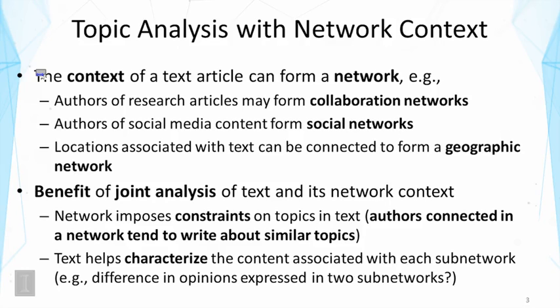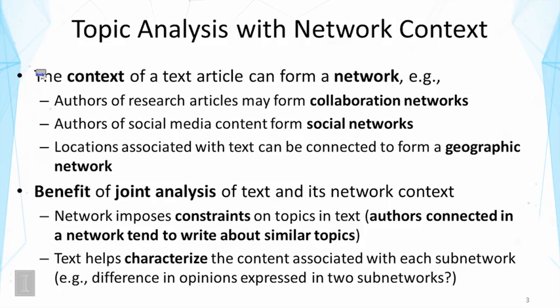Or in Facebook, some people might claim as friends of others, etc. So such context connects the content of the authors. Similarly, locations associated with text can also be connected to form a geographic network. But in general, you can imagine the metadata of the text data can form some kind of network if they have some relations.